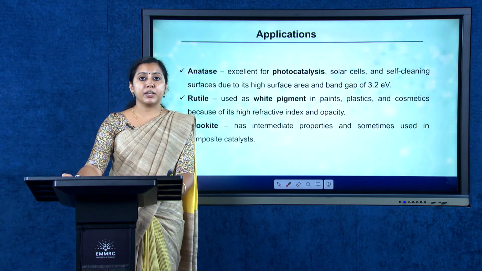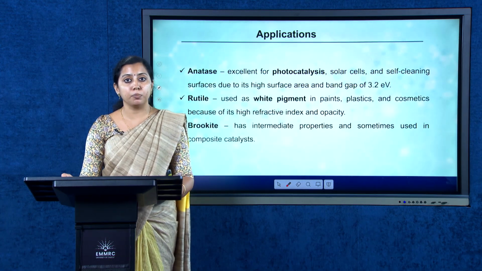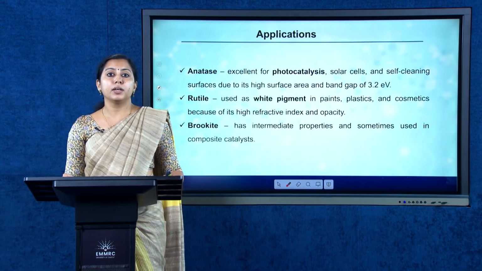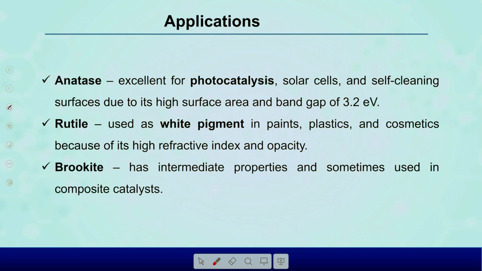Now let us see the applications of the three polymorphs of TiO2. Anatase, as we said earlier, is excellent for photocatalysis. It is a very good photocatalyst. It can also be used in solar cells and self-cleaning surfaces due to its high surface area and band gap of 3.2 electron volt.